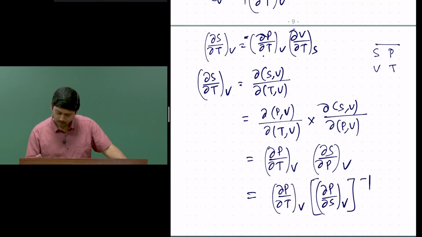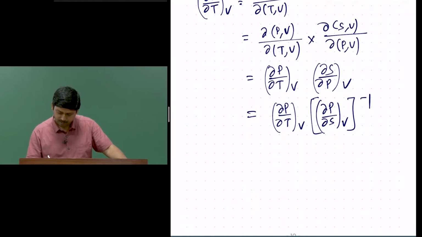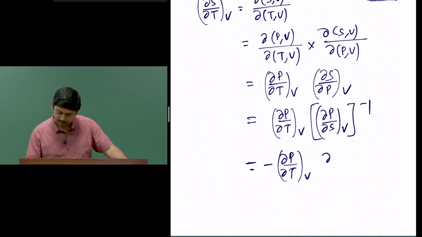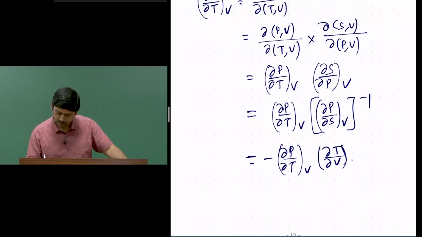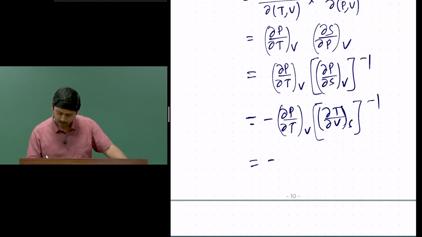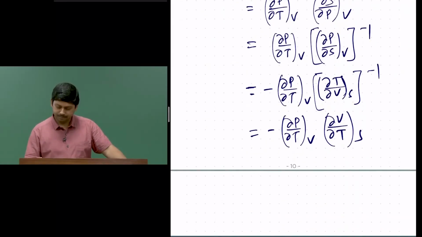Now, we know that del P by del S at V is minus del T by del V at S. So, that is minus of del T by del V at a constant S, wait, so inverse of that, which is minus. Del P by del T at V is del V by del T at a constant S, and that proves it.